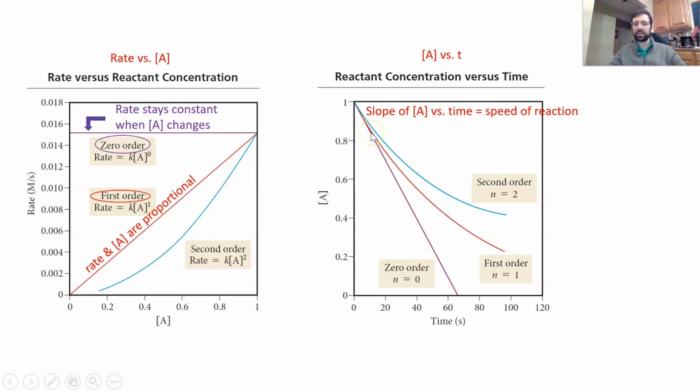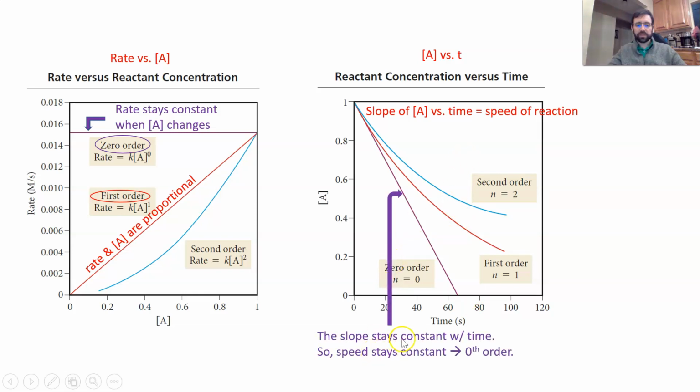The speed is constant no matter what time. The slope stays constant with time, so the speed stays constant. That means it's the zeroth order reaction that does not depend on the concentration.